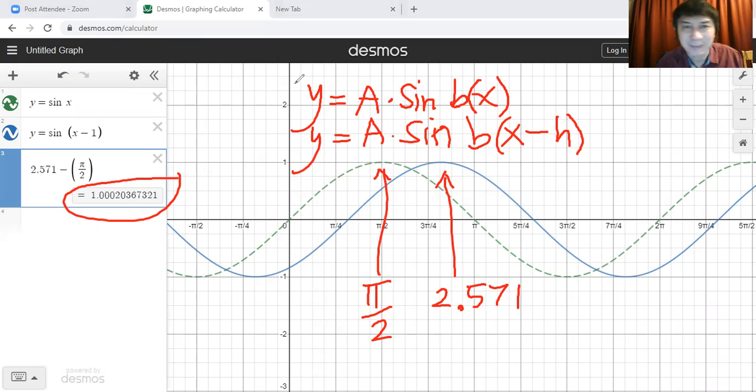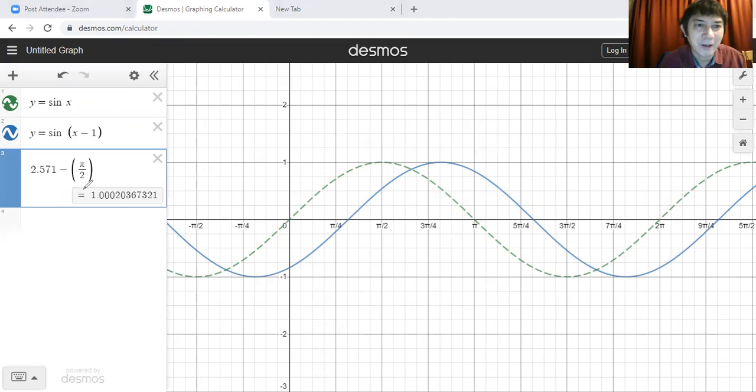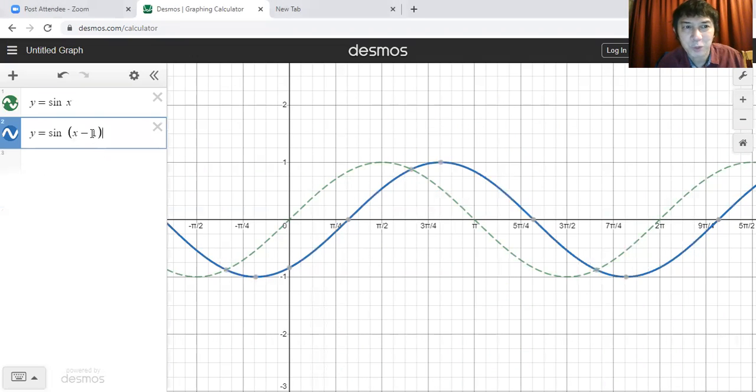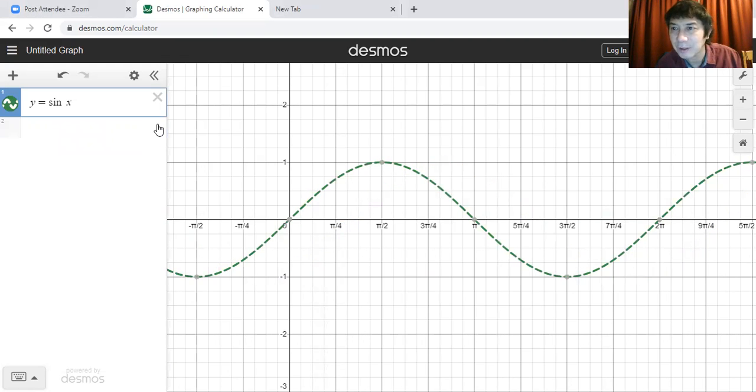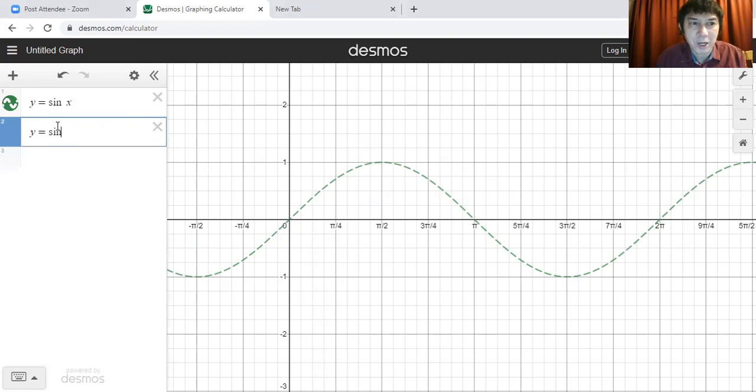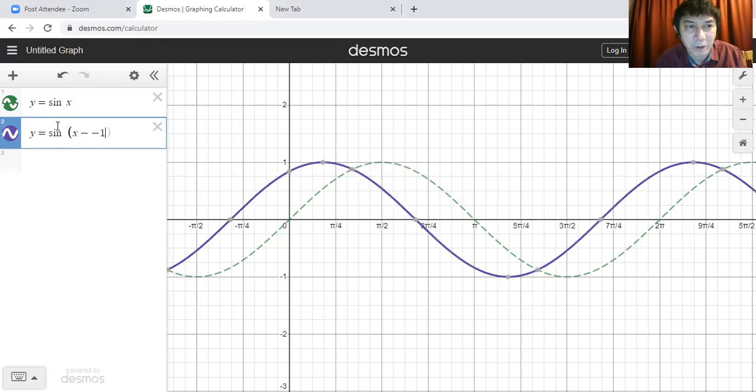We're going to try that. Let me clear this, and let us now subtract. Let me erase the blue. Let me do another one. So y is equal to sine of x minus a negative 1 there.